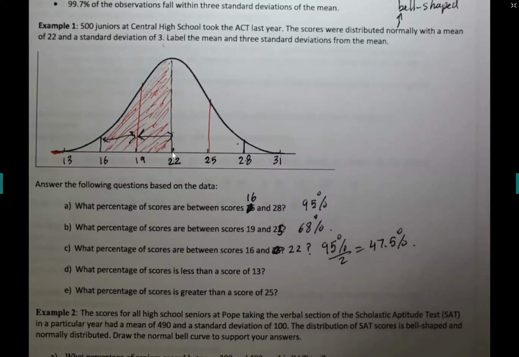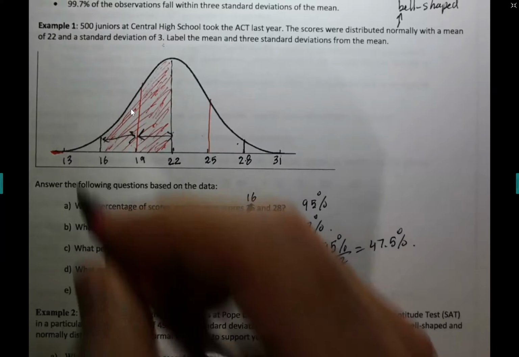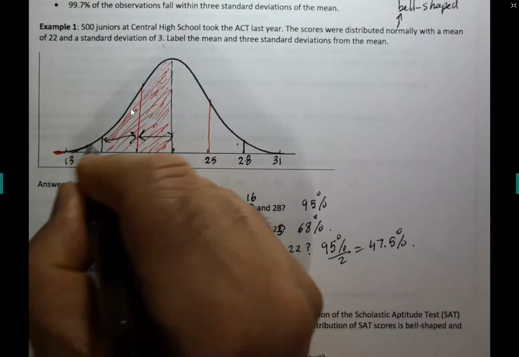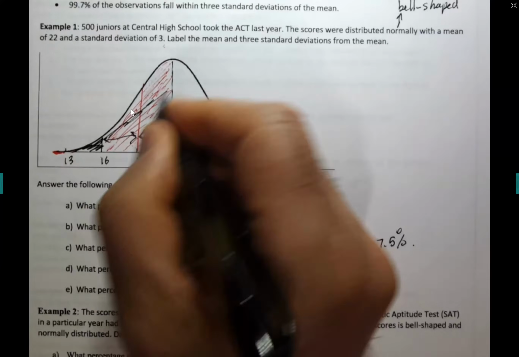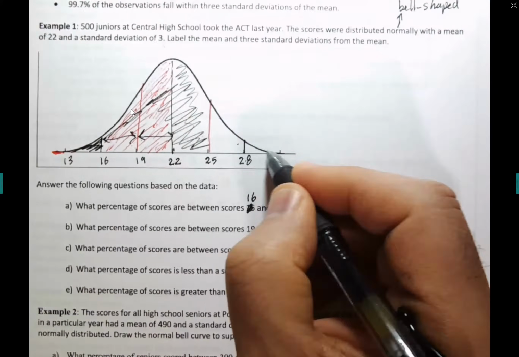And let me tell you why she says 0.15. You guys know 99.7% of the values are within 3 standard deviations. Let me show you what the 99.7% are right here. Everything until I get to these.